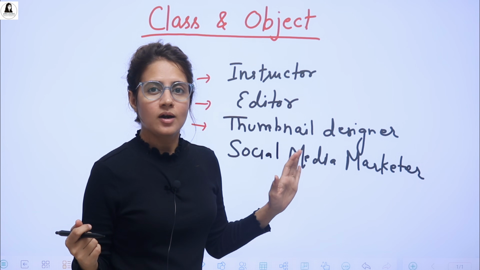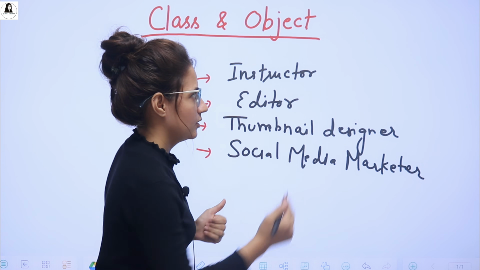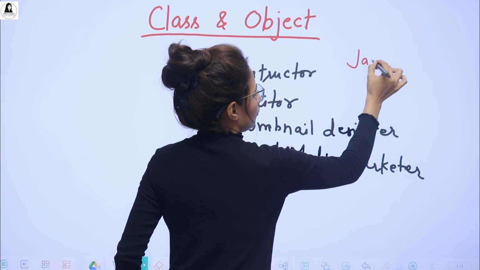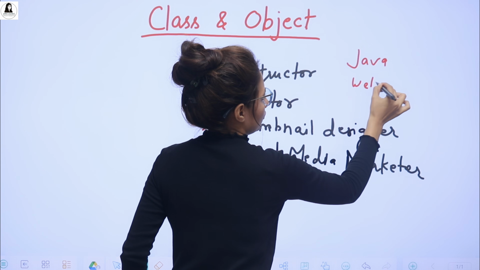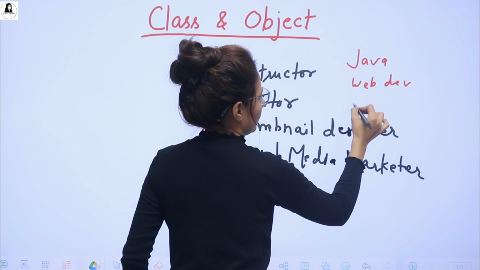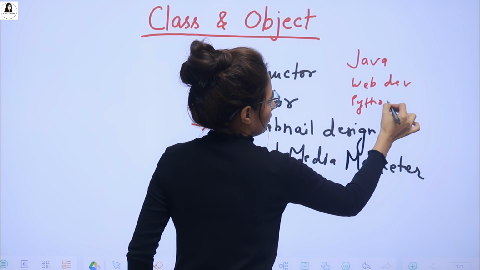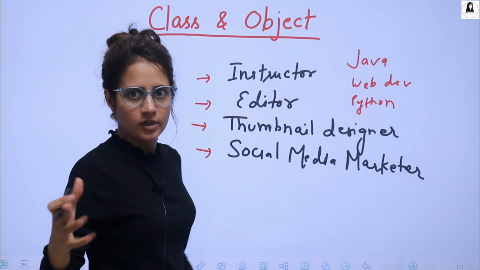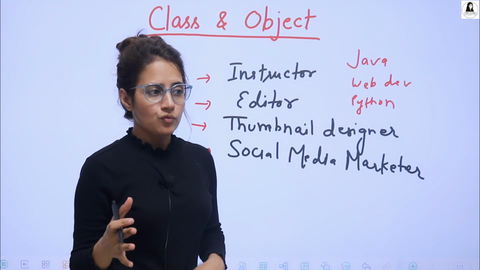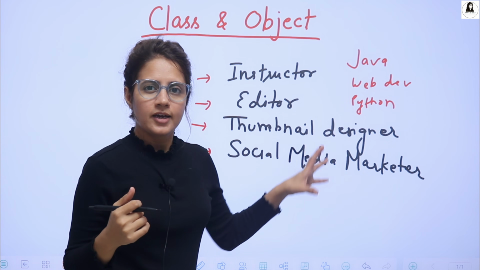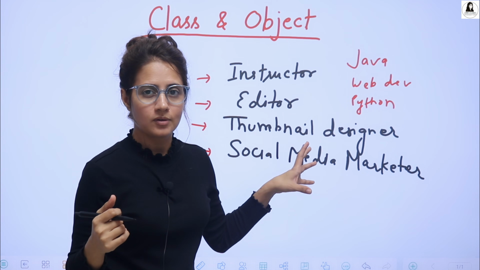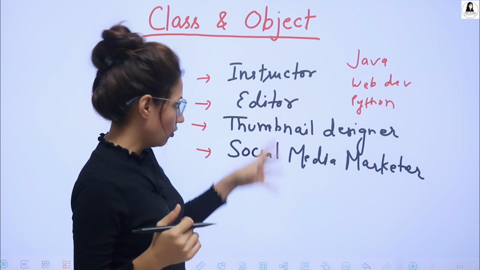But what if I want to start many courses simultaneously? Suppose I want to start one Java course, one web development course, maybe a Python course, one for prompt engineering, and many more. Obviously, for the growth of my channel, I cannot do everything. I cannot teach everything and do all the things.